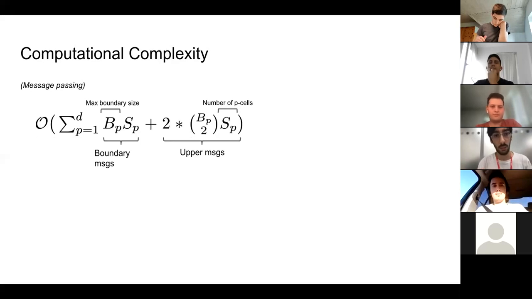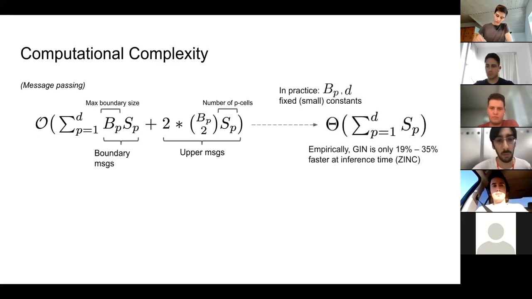At the same time, we can also quantify the number of upper messages which are exchanged at the level below, because this P cell induces adjacencies between the boundaries. It turns out that we can quantify it this way, with the formula I highlighted here, and we have an overall upper bound for the complexity, which doesn't look very nice.